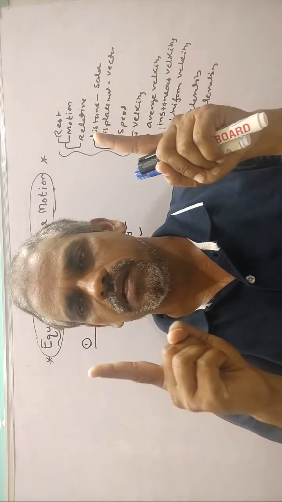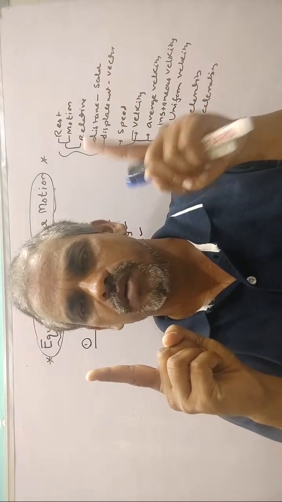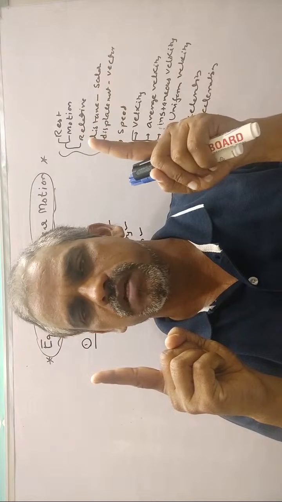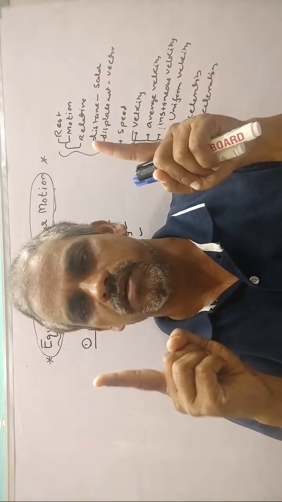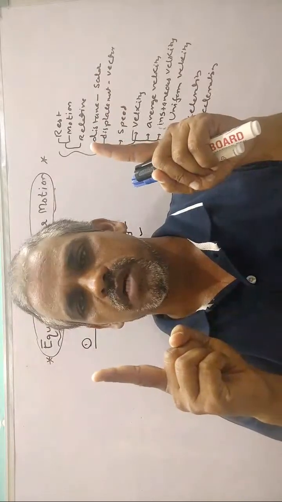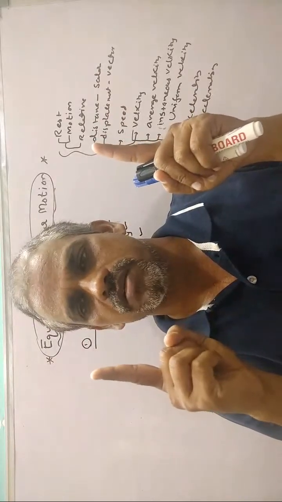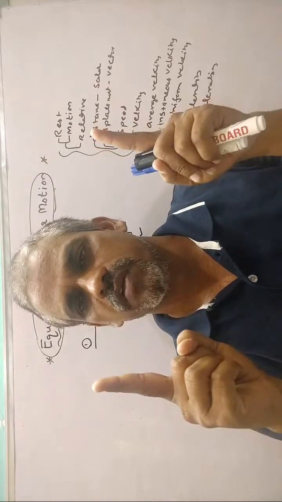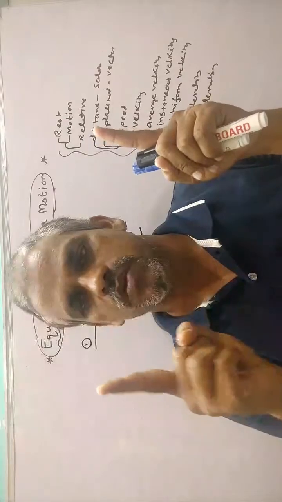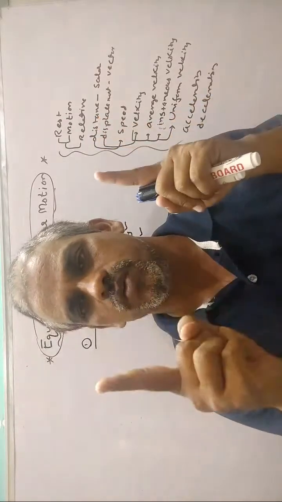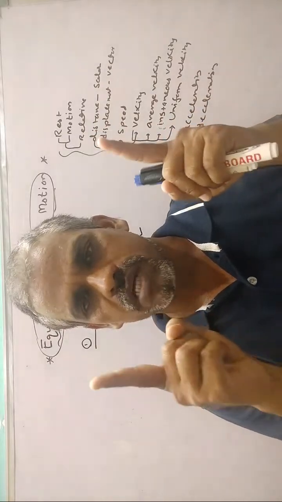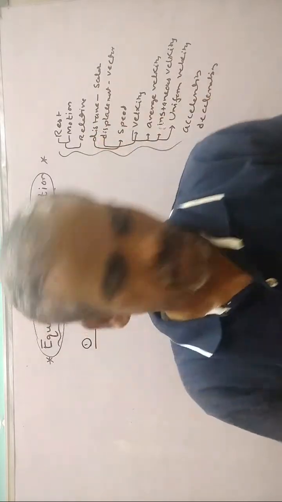At point a it has velocity u, at point b the velocity is v, the final velocity. The time taken for this change is t seconds. How much it accelerated is a, the acceleration.